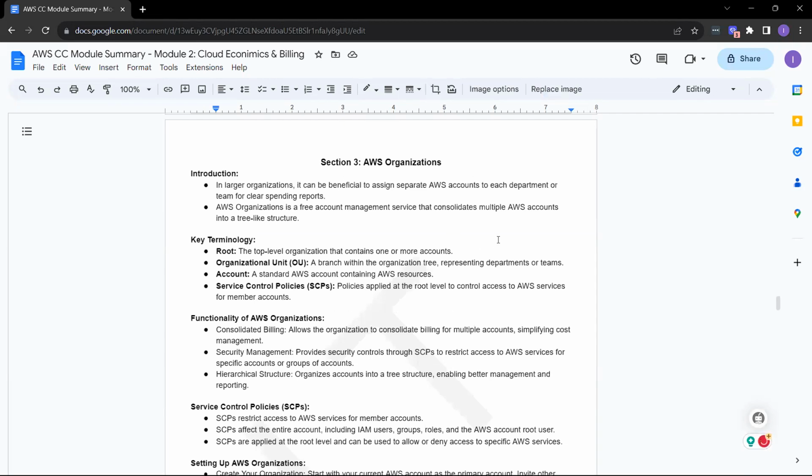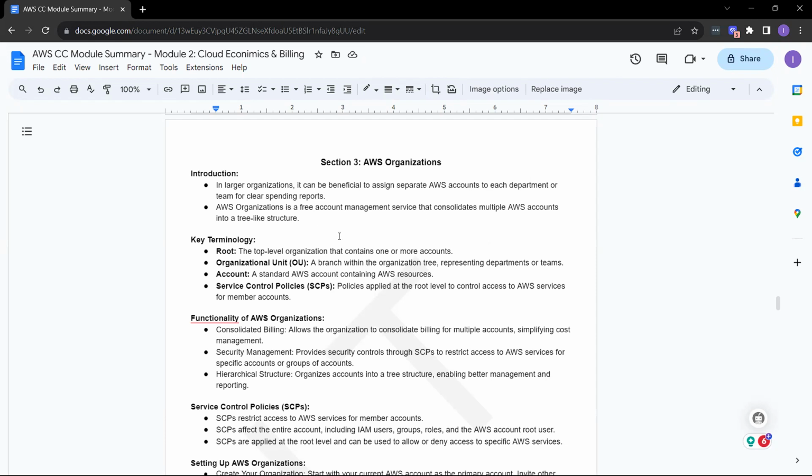So today we are looking at AWS Organizations. Now, AWS Organizations is kind of a mother umbrella, a tool that helps you consolidate or aggregate different AWS accounts, for each department or team, for a clear spending report, or for you to have one bill report for all the accounts.